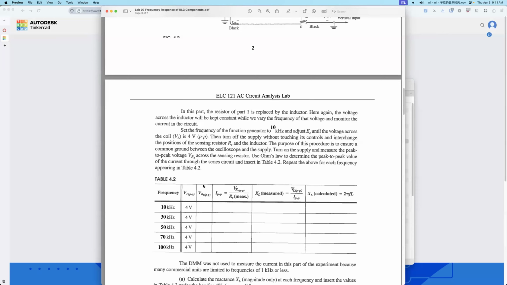In Tinkercad, we know there's no AC voltmeter, so we have to use the oscilloscope to measure VRS directly. So let's do this first.